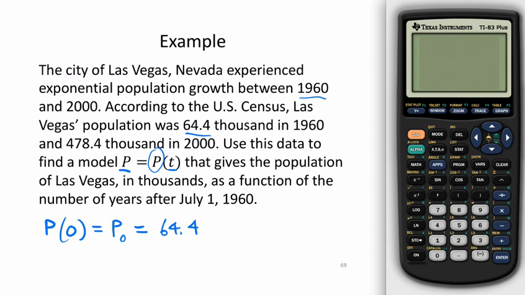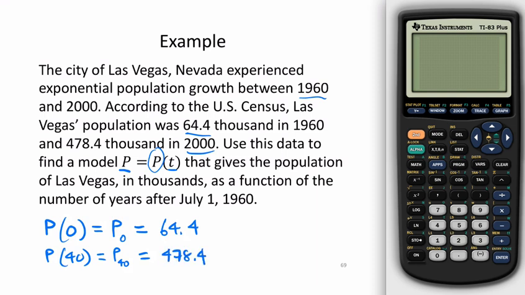And then in 2000, 2000 minus 1960 is 40. So P of 40, 40 years later, or we could write that as P sub 40 in that alternate notation, is equal to 478.4.